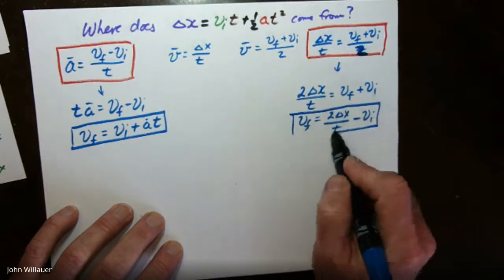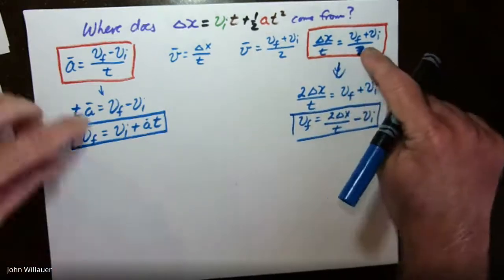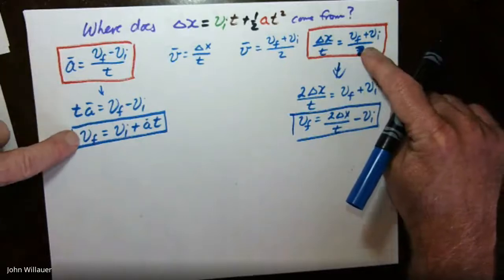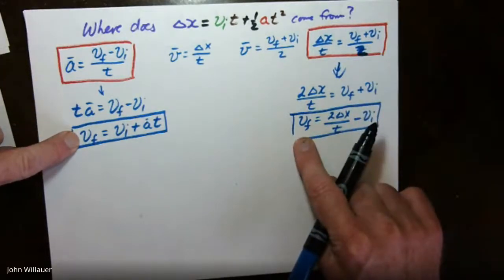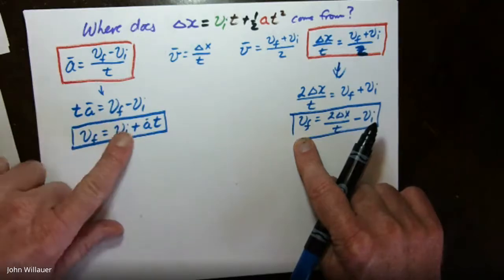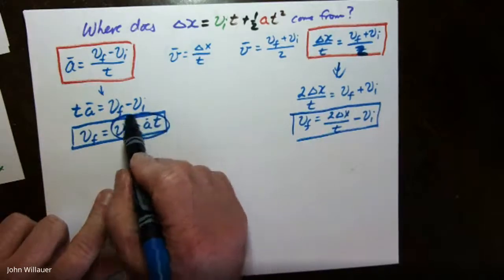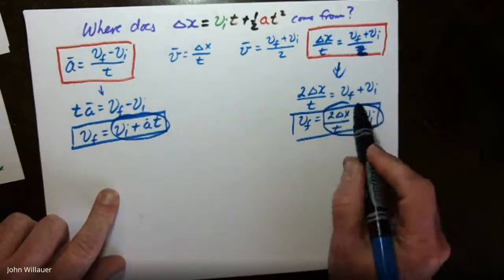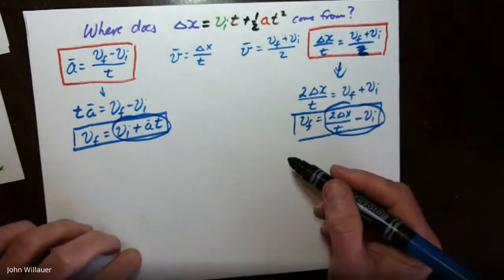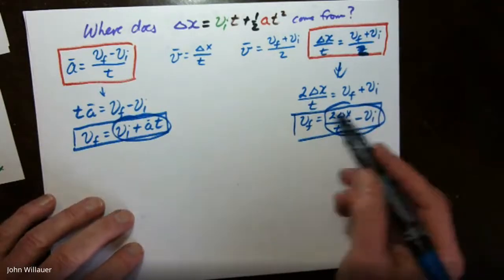So now I took both of these equations and rewrote them so final velocity is by itself. And now, since this is final velocity and this is final velocity, I can take this thing here and this thing here, set them equal to each other, and we'll see what we'll get.